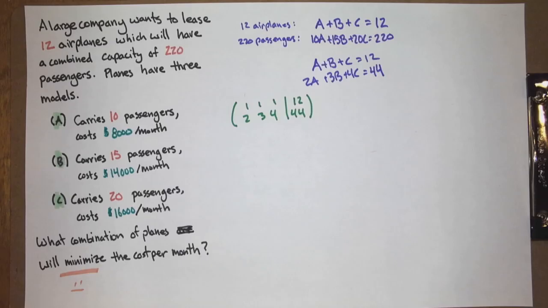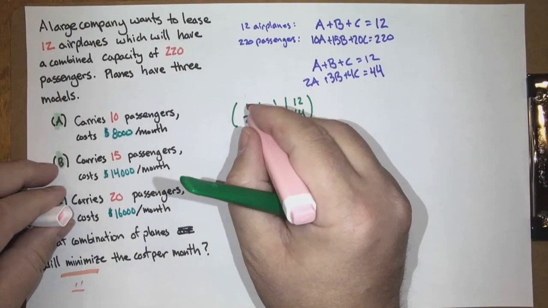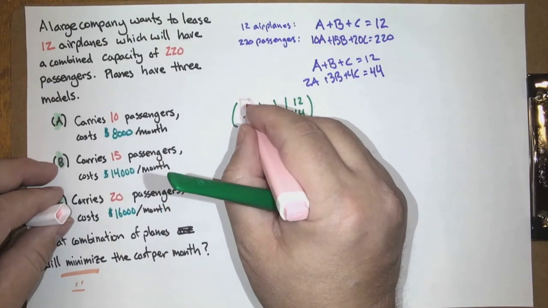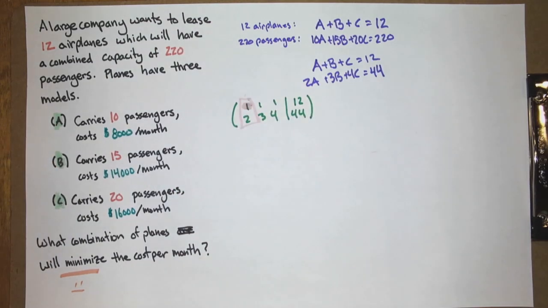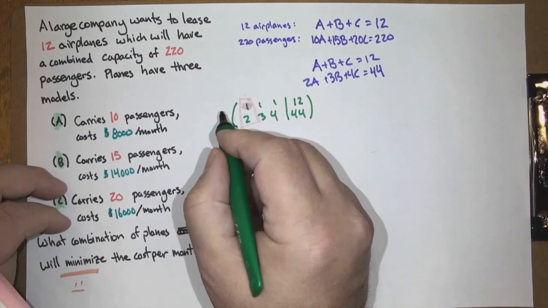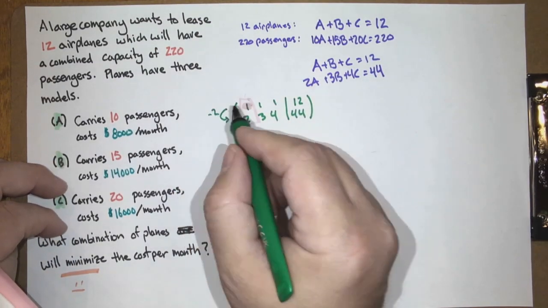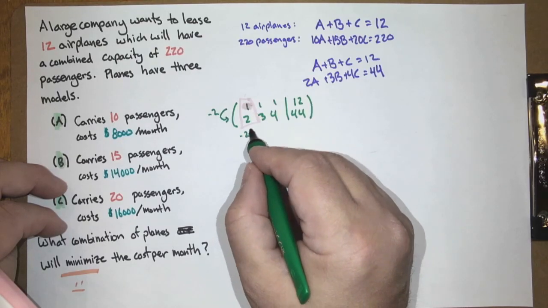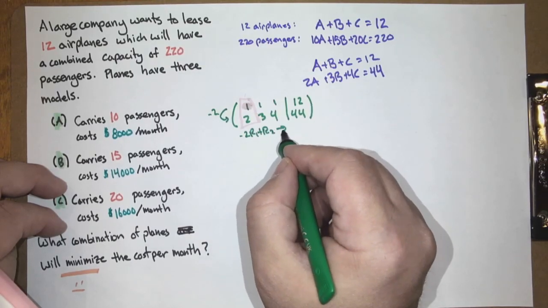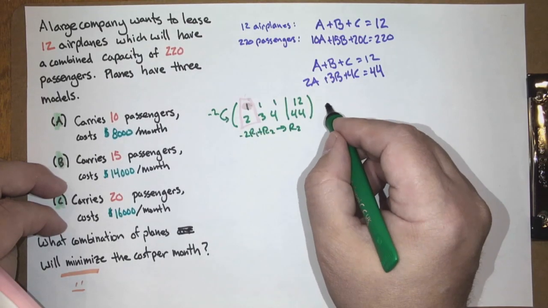All right, so in the spirit of Gauss-Jordan elimination, we work in the first column, and in particular, we already like the 1, so we want to knock out the 2. So we're going to multiply the first row by -2 and add down. So -2 row 1 plus row 2 becomes our new row 2.